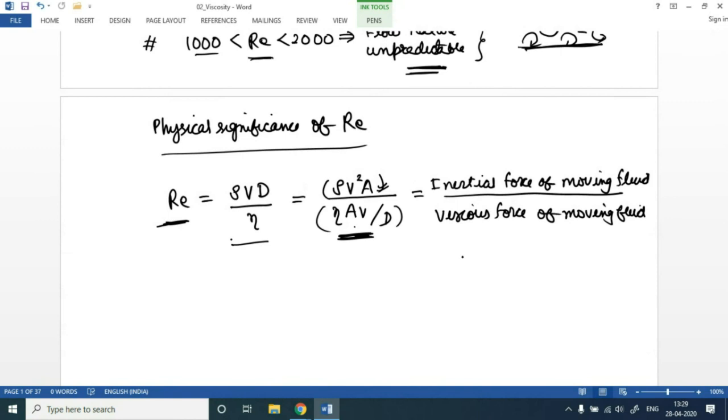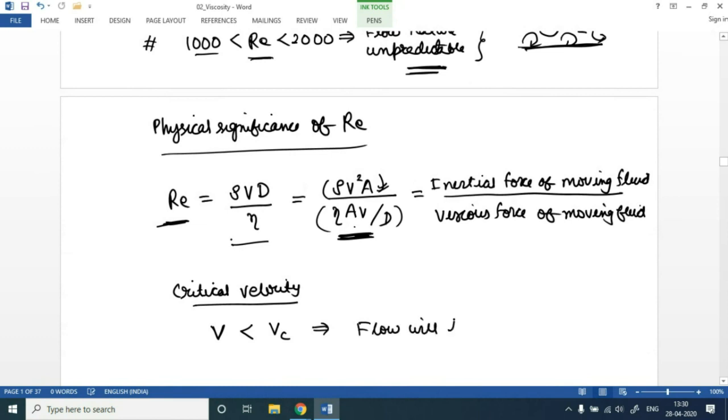One another aspect of this problem you must realize is something called critical velocity. If Reynolds number is given and other design parameters are given, you will be able to find out the value of V. If V is less than the critical velocity, you can simply say flow will be laminar.